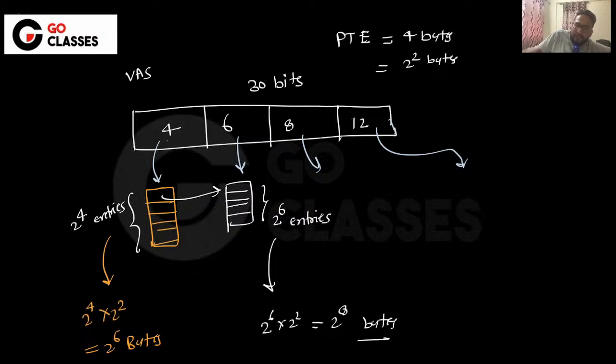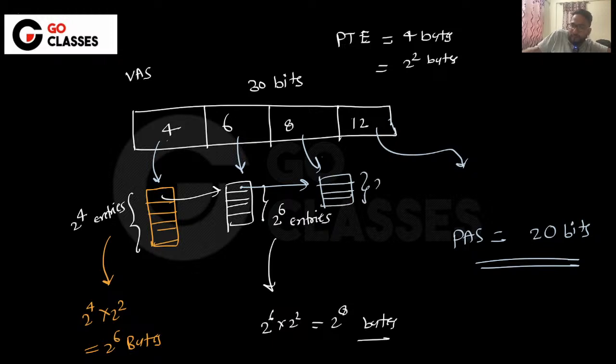Now, let's suppose your physical address space is of any number of bits. Let's suppose it is 20 bits. What I'm asking is how many bits you need here to address something which has 2 power 8 entries, which means 2 power 10 bytes.